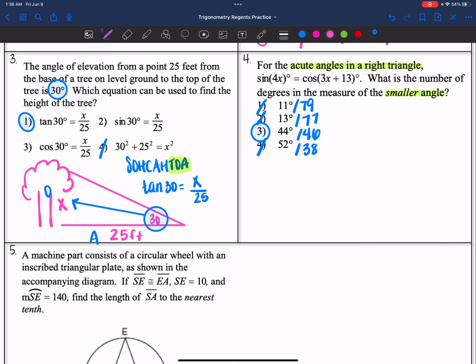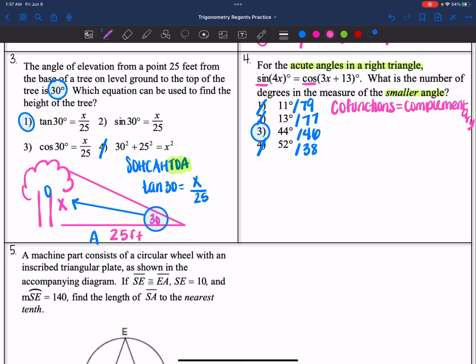When I see these cofunctions, I want us to think cofunctions equals complementary. I ran out of space. What it means to be complementary is that those angle measurements add up to be 90 degrees.